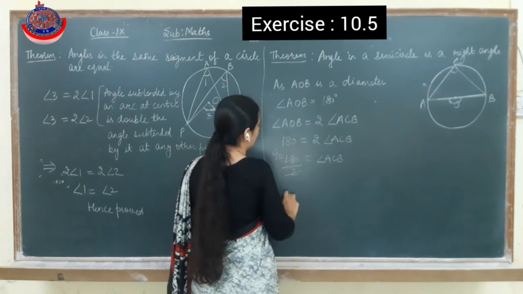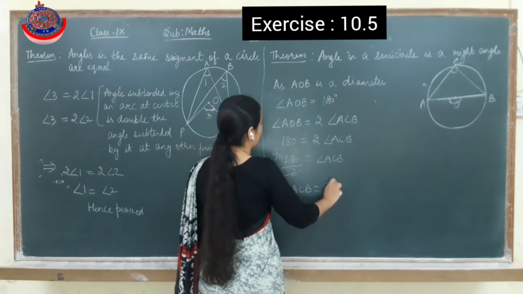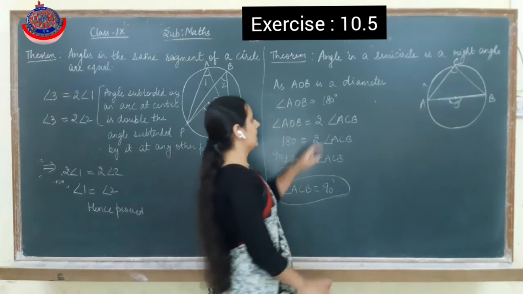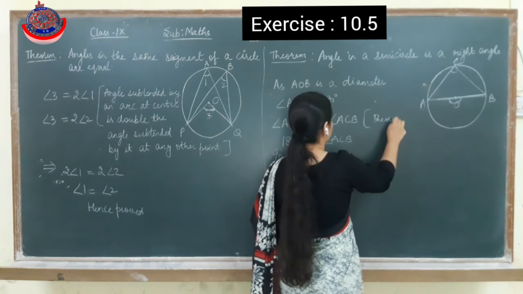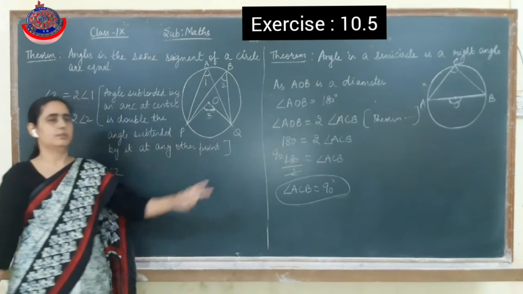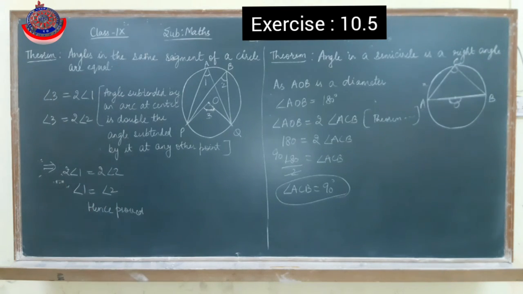So from here we have got that angle ACB is 90 degree. Fine. So this way you can prove. For this, as I have written, you can mention the same reason by using the theorem, this same reason. Fine. I hope the concepts are clear. We will be using these in different types of questions. Then you will be more clear with these.